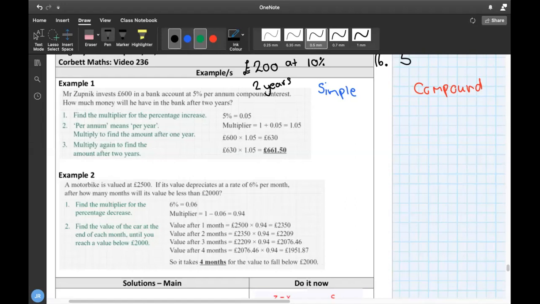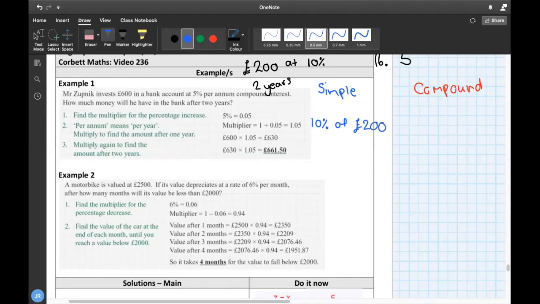So with simple interest, what you do is you take that percentage. You would find 10% of 200. So 10% of £200.